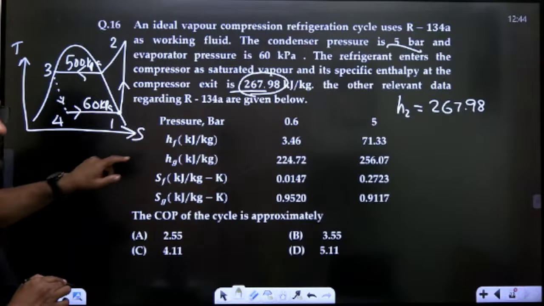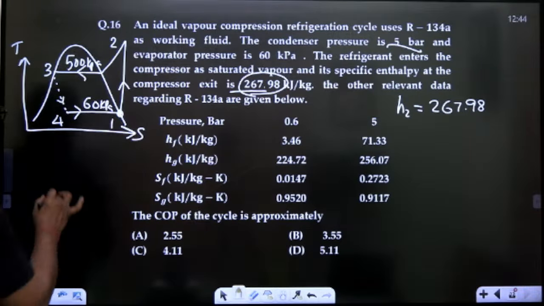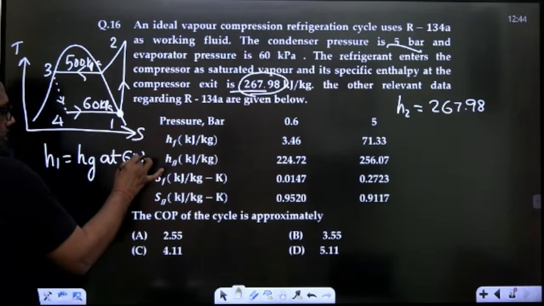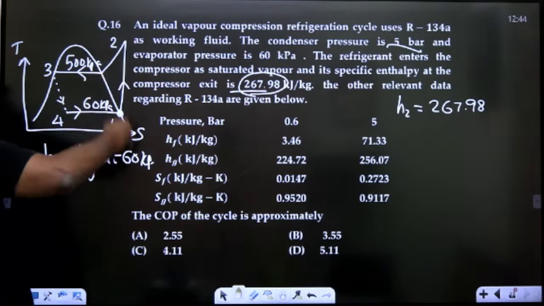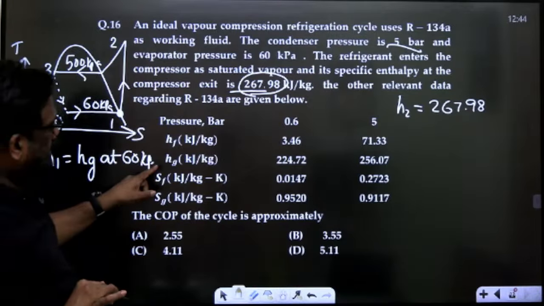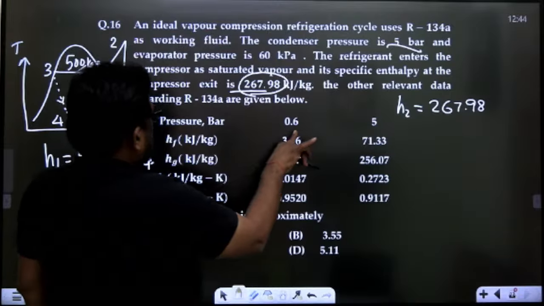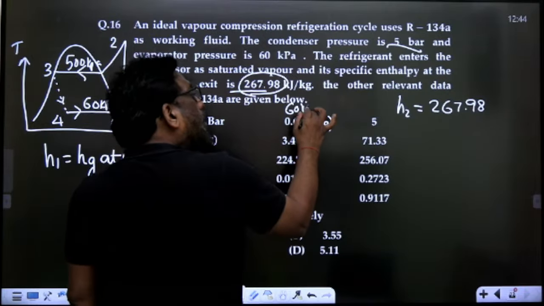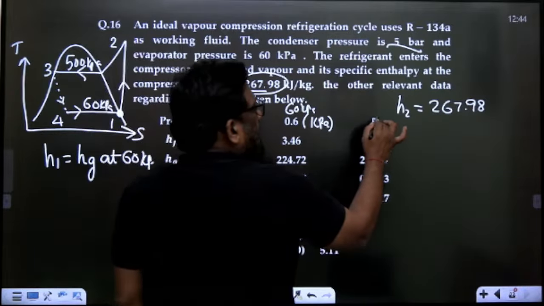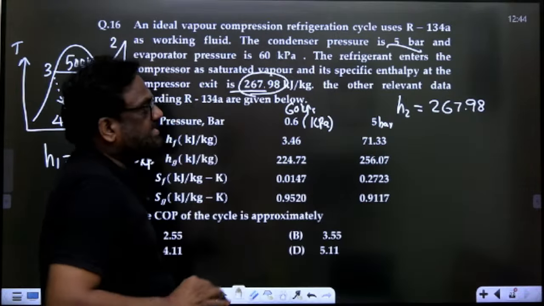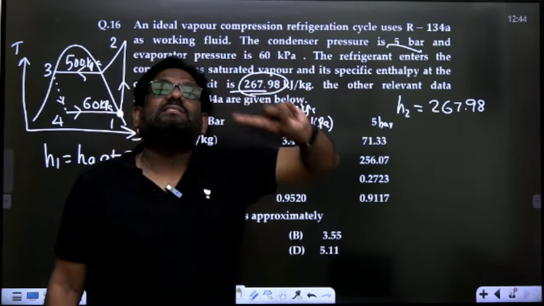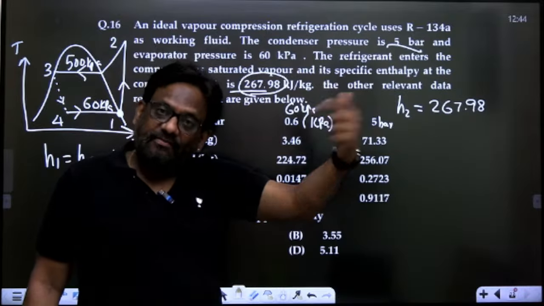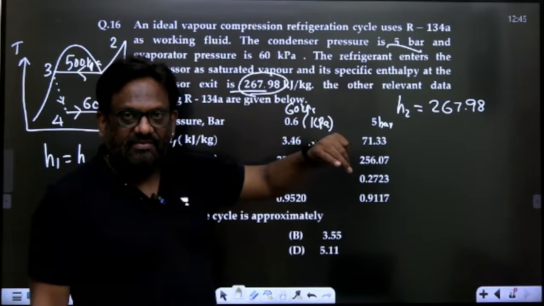H2. Okay. Can you tell me what is H1? Can I write H1 as Hg at 60 kilopascal? 60 kilopascal is also 0.6 bar, and 5 bar is 500 kilopascal, remember. 1 bar is 100 kilopascal, so 60 kilopascal divided by 100 gives bar.